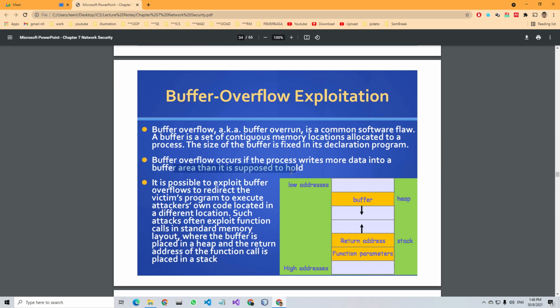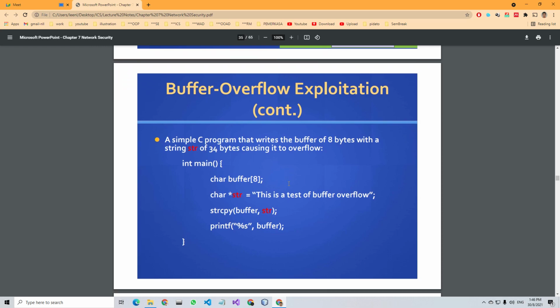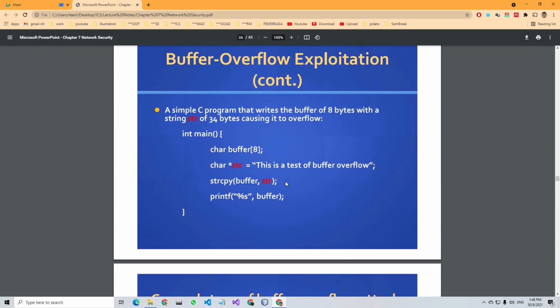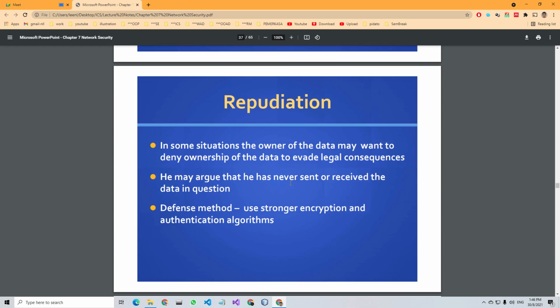Repudiation. A repudiation attack will make the data and information used become invalid. We look at the first one. In some situations, the owner of the data may want to deny ownership of the data. He might argue that he has never sent or received the data in question.